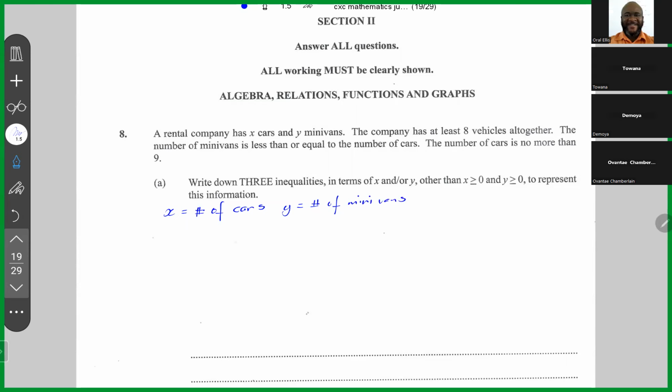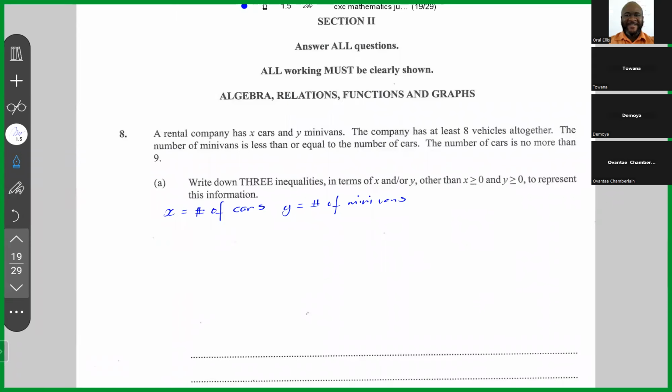The company has at least 8 vehicles altogether. The number of minivans is less than or equal to the number of cars, and the number of cars is no more than 9. Write 3 inequalities in terms of X and or Y, other than X greater than or equal to 0 and Y greater than or equal to 0, to represent this information.